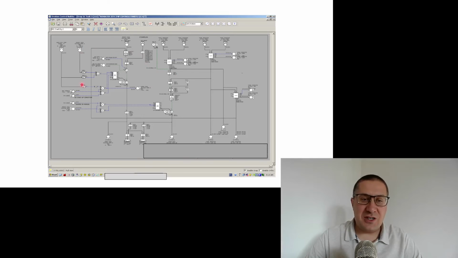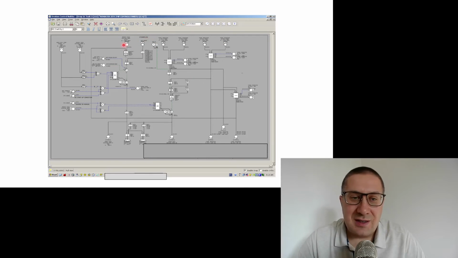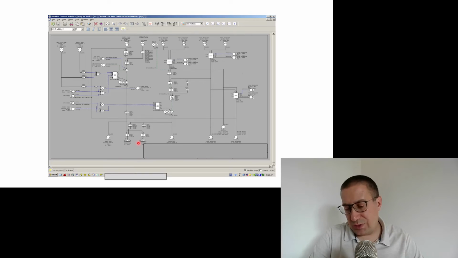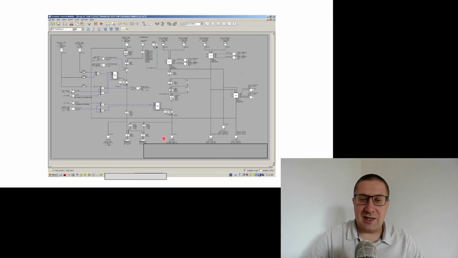So this is the definition of a loop that is executed every second. And here are the inputs, like steam flow, some temperatures, etc., and some outputs. Some of them are sent directly to the actuators, to the devices. Others are sent to other control sheets. So this particular output can be an input in another control sheet, another such algorithm.